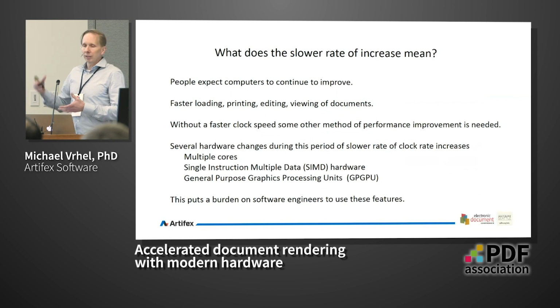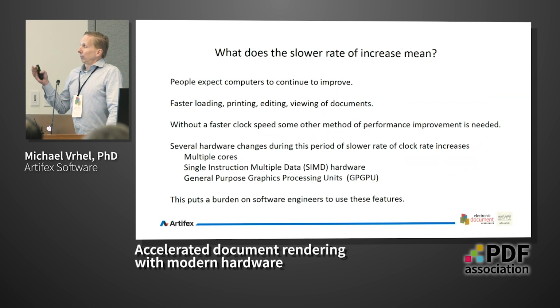At the same time that the rate of change in clock rates has slowed, there have been changes in the hardware: the introduction of multiple cores in the CPUs, the introduction of single instruction multiple data hardware, and then, of course, an explosion in the use of GPGPUs.